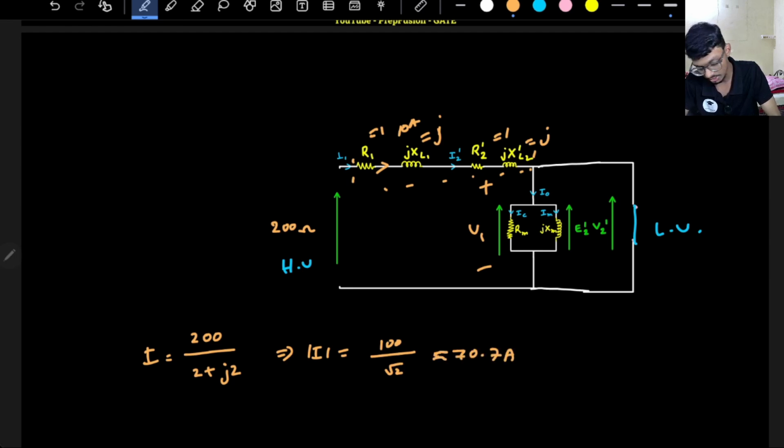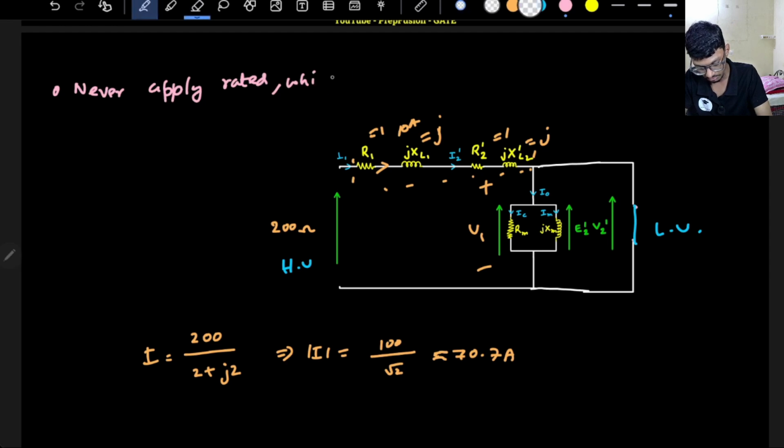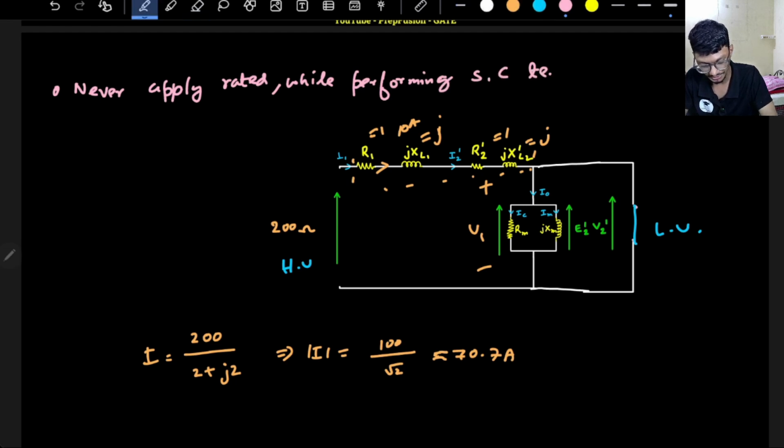So my rated current is 10 amperes, but right now huge current is flowing, almost 70.7 amperes. So the key point is, if you are performing the short circuit test, never apply rated voltage while performing the short circuit test. Otherwise the winding will get burned because huge current will flow.